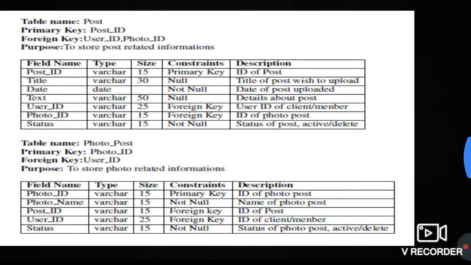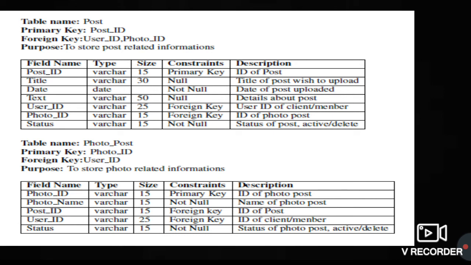Next is photo post. Its primary key is photo ID, and foreign key is user ID. It is used to store photo related information. The photo ID is also used in the post table, where we have already stored the information about the post, and that particular posted image's details will be stored in this photo post table.